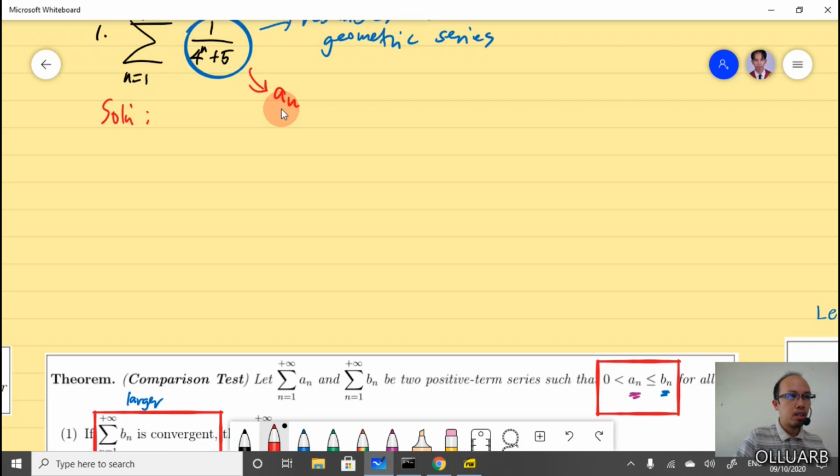We compare the given series to a known series.